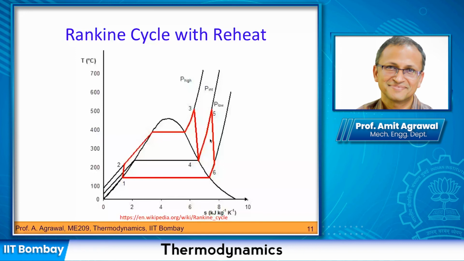Because if you are coming to this point somewhere here, then this is going to be at a different pressure level. This is going to be at this pressure level. Okay, this is of course at a lower pressure. So from here to here, I will have to go for a lower pressure. I will have to change the pressure as well, which is not something I would like to do.